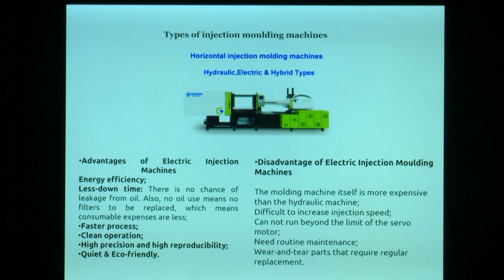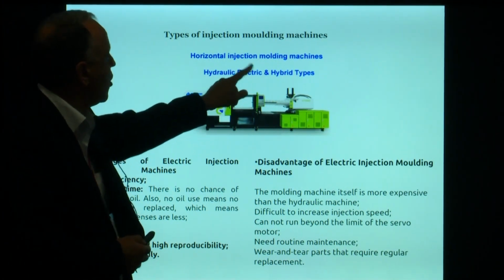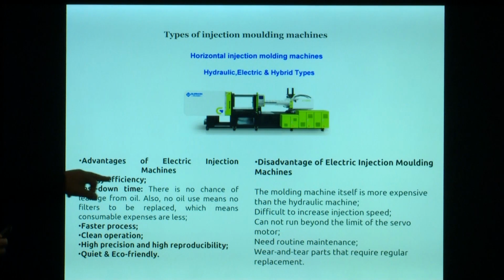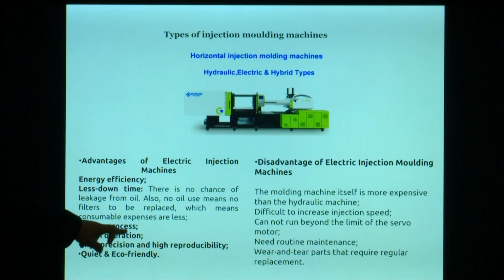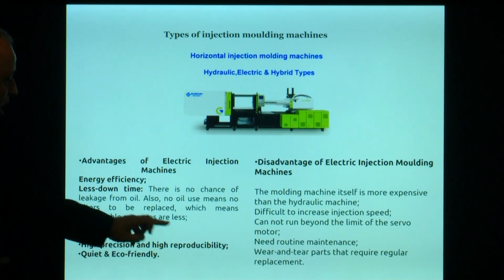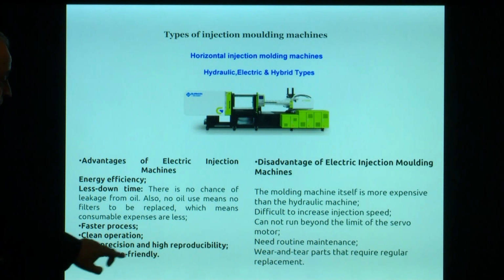Another one, I mean the electric injection molding machine: energy efficiency, less downtime, faster process, clean operation, high precision and high reproducibility, quiet and eco-friendly. Very important advantage from this point of view because it's electrical.